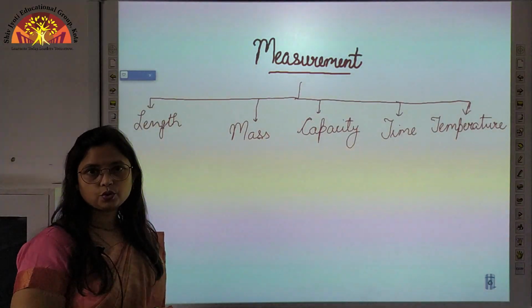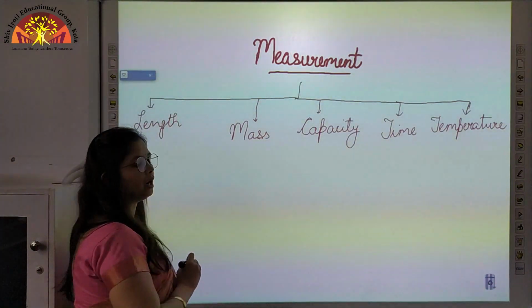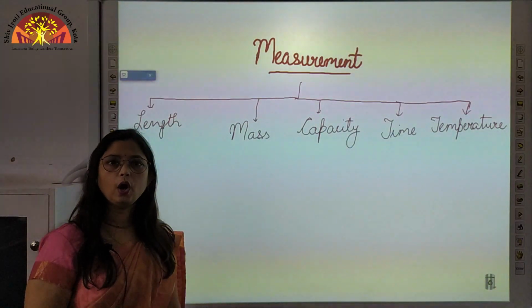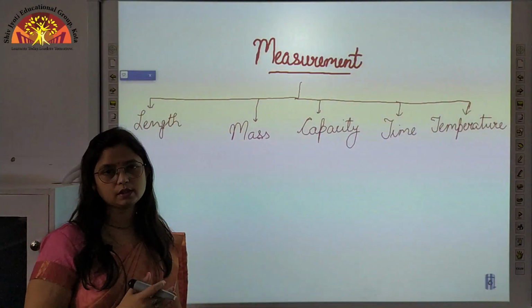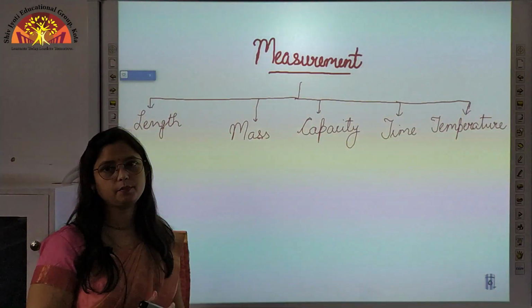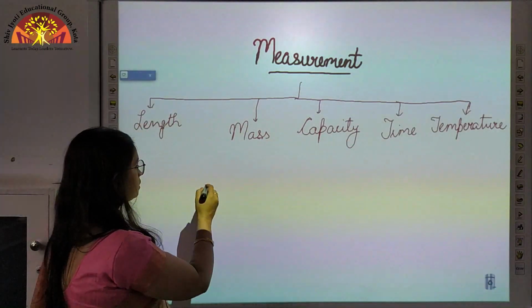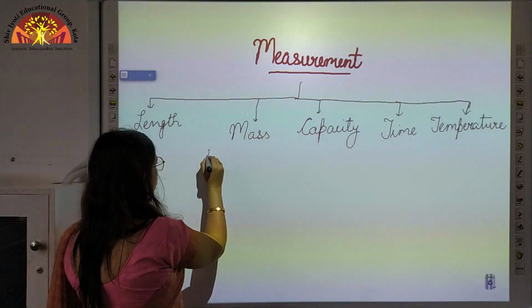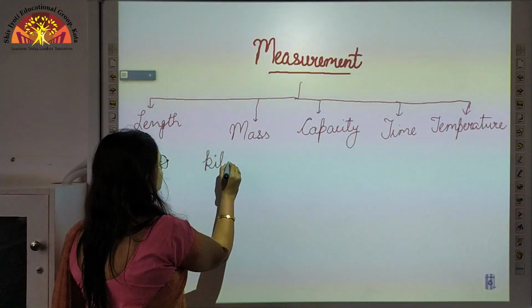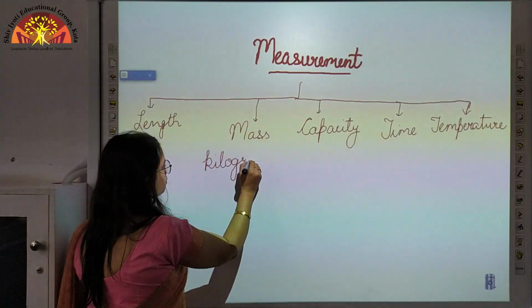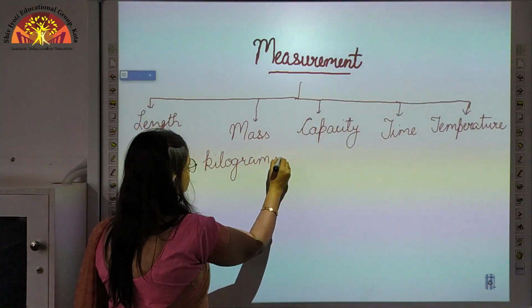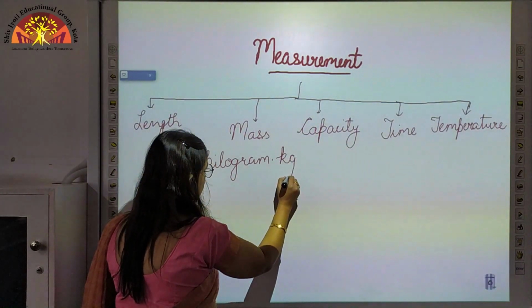Now let's come to the next quantity, that is mass. So children, to know how heavy or light the object is, people use mass as a measuring quantity, and the standard unit for measuring mass is kilogram, and kilogram is written as kg.